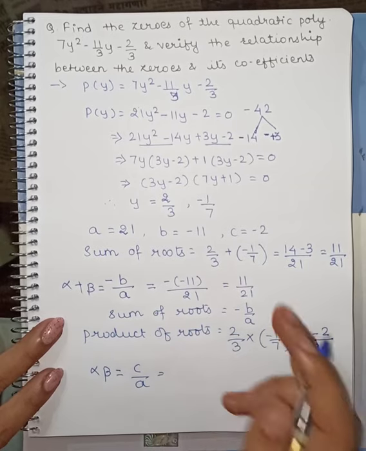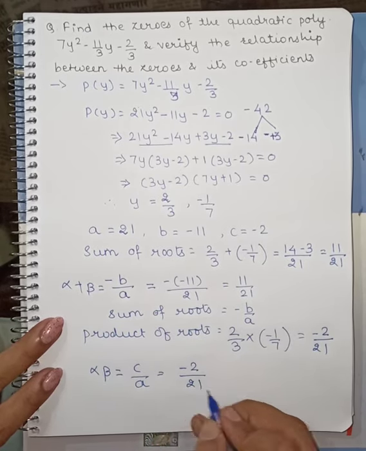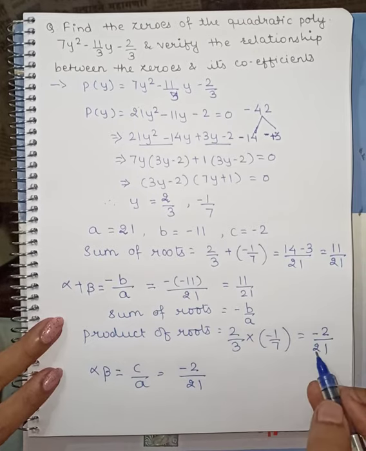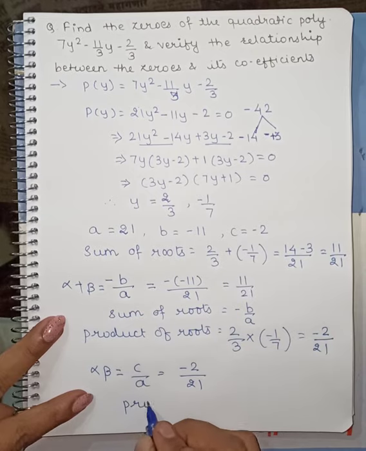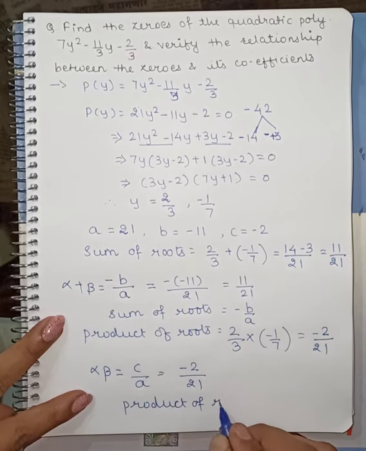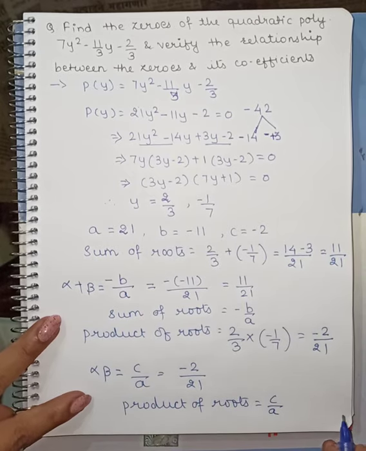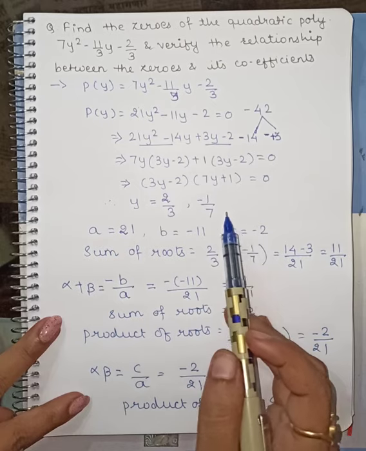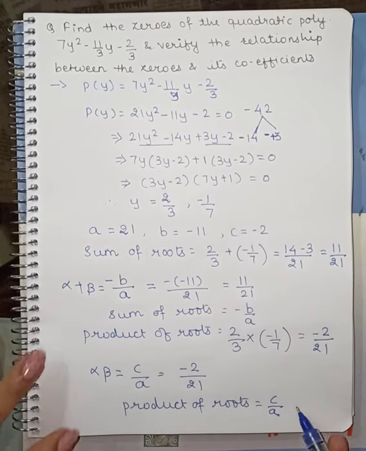My value of c is minus 2, whereas my value of a is 21. So as you can see, these two are also equal. Hence, I can write that the product of roots is equal to c by a. Okay, so we have found the roots and we have verified it according to the relationship also.